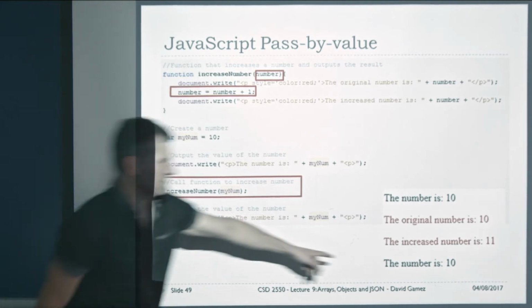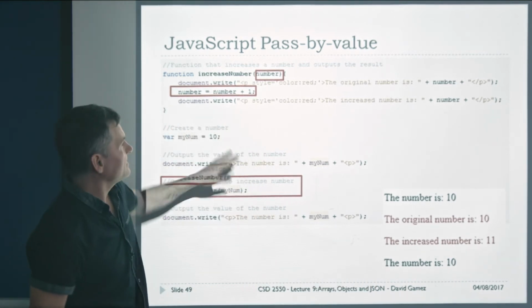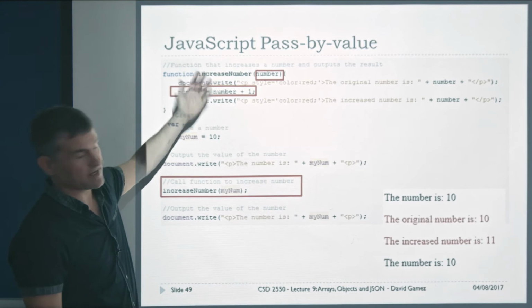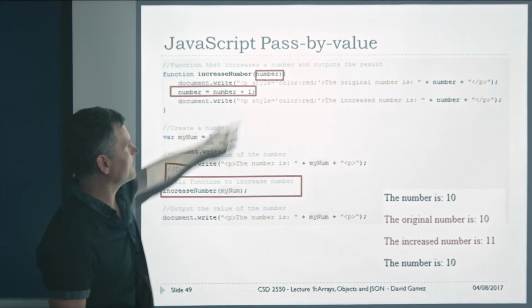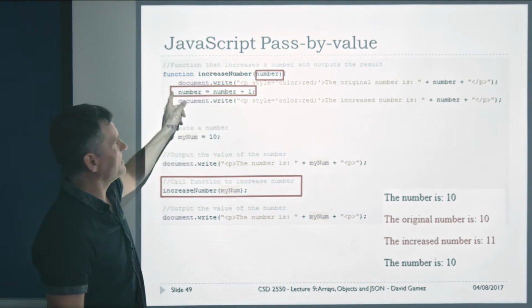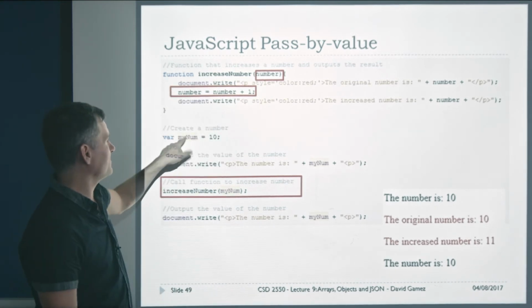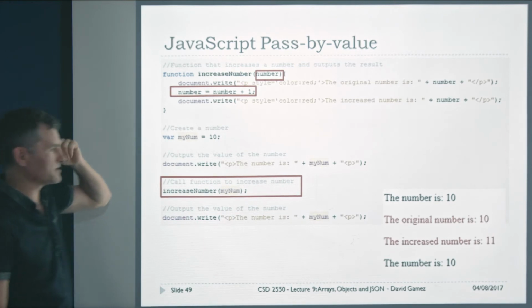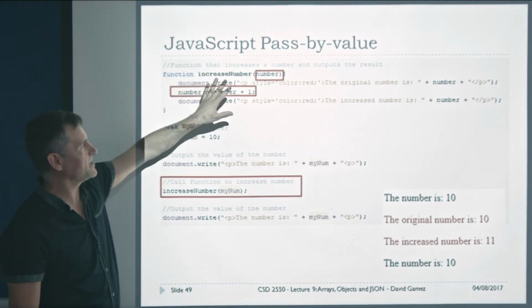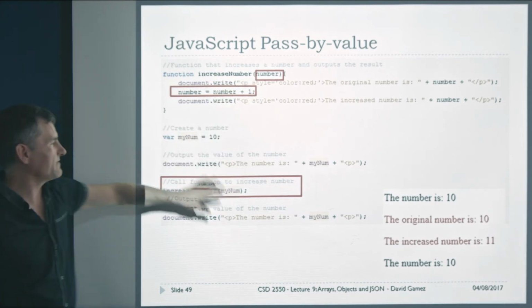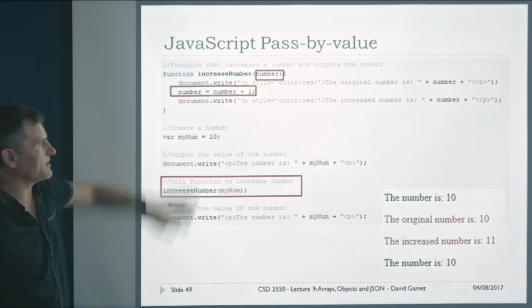It's still equal to 10. So the number stays 10, even though I've called a function to increase it. And the reason that doesn't increase it is because the value of my number variable is copied into here, and it's only increasing the copy. It's not increasing this variable here, okay? That's what it means by what happens in the function stays in the function, because any changes to this don't affect this variable here.